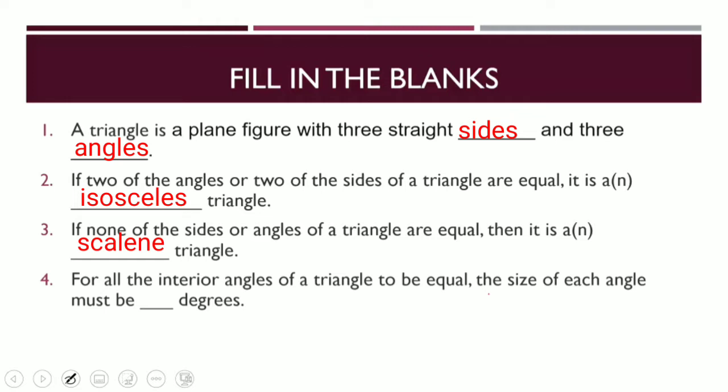Number 4, for all the interior, meaning inside, angles of a triangle to be equal, the size of each angle must be dash degrees. How many degrees must each angle be for it to be an equilateral triangle?